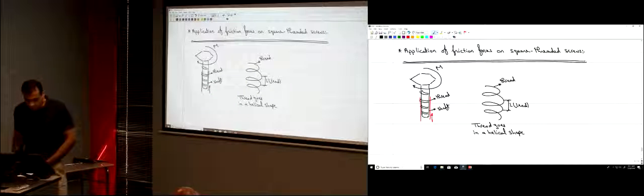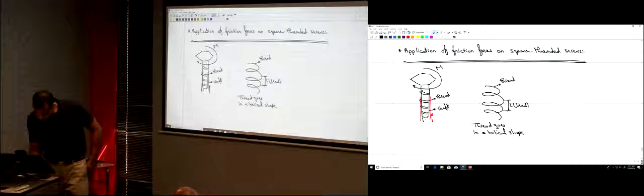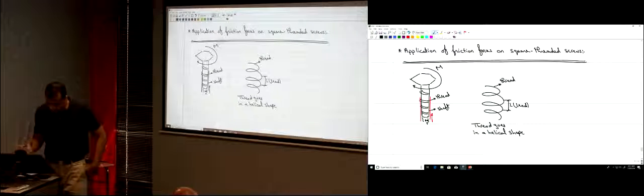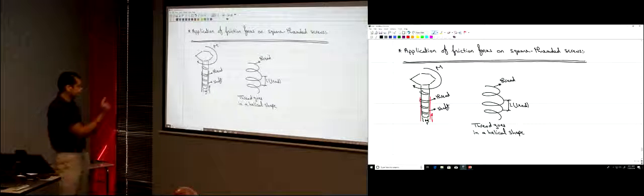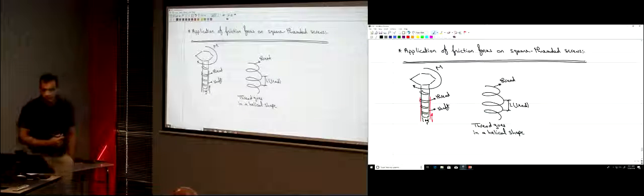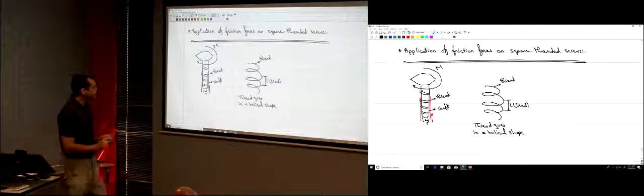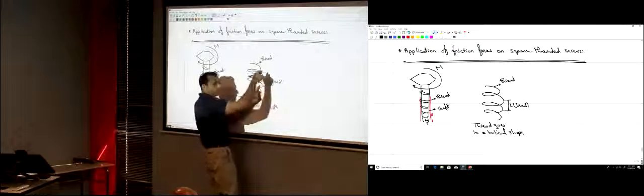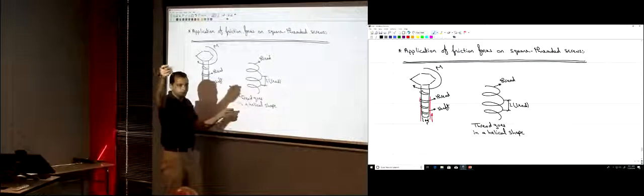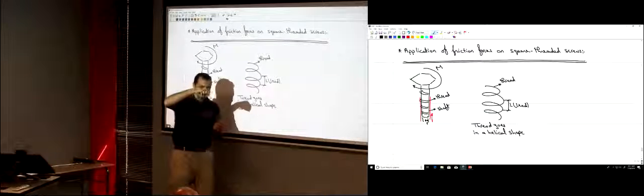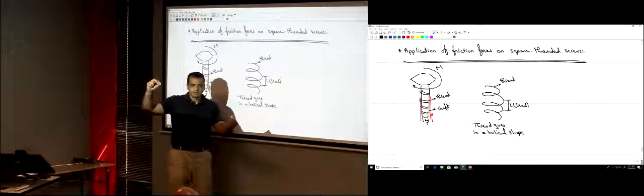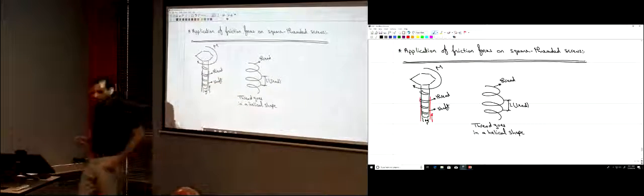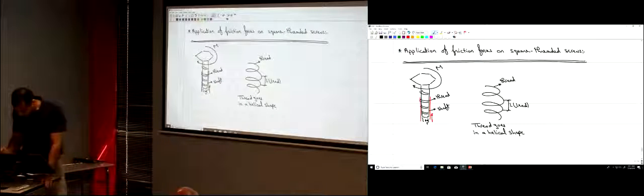Let's say the average radius of the shaft of the thread is R. What we're going to do here is unfold one loop, unfold it to a straight line.